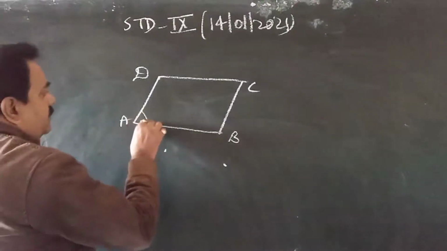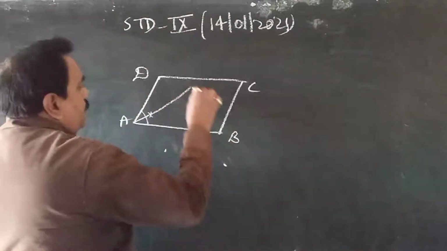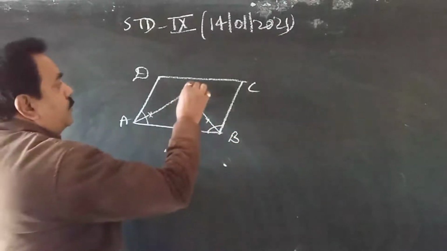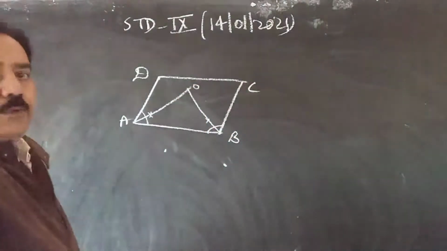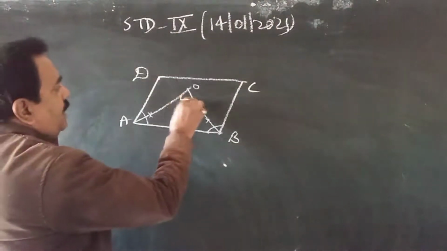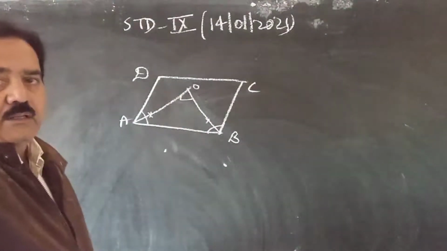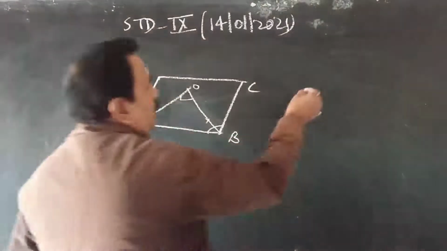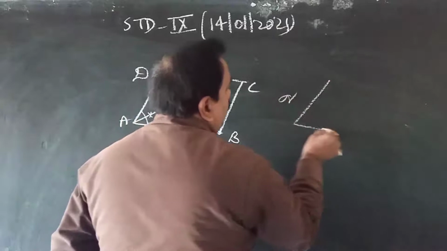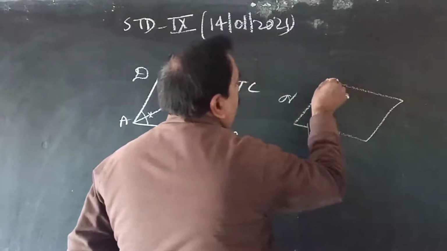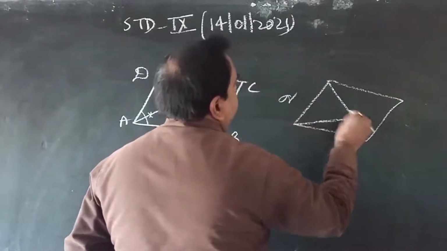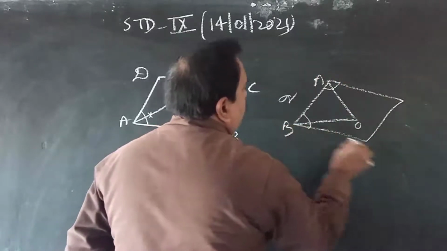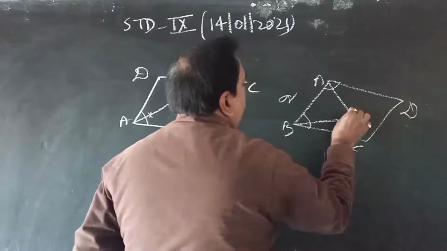The bisector of A and the bisector of B meet at O. Then we have to prove that angle AOB will be 90 degrees. You can take this pair of adjacent sides or this one also. Then you have to prove this is 90 degrees.